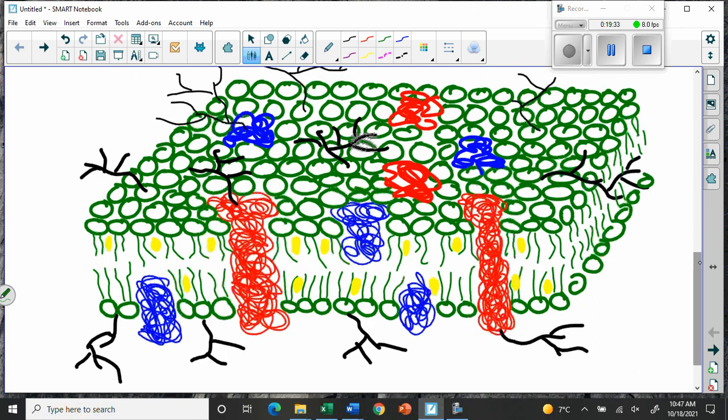Okay, put a little bracket, which is showing a whole doubled up layer of green molecules, and that's called the phospholipid. Remember, I told you phospho just means it has a little bit of phosphate attached to it. Phospholipid bilayer.